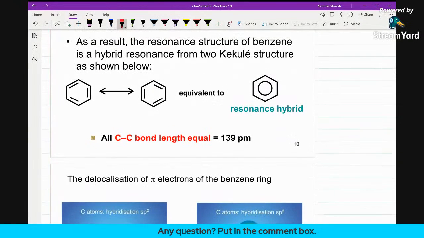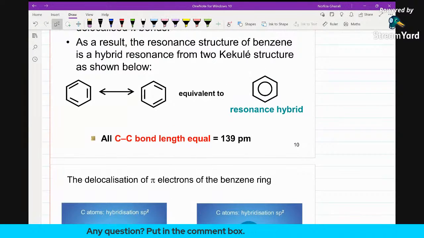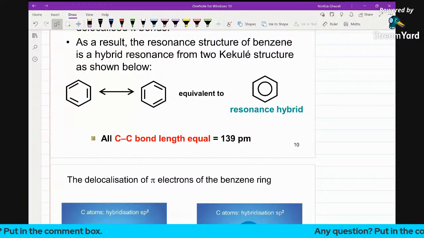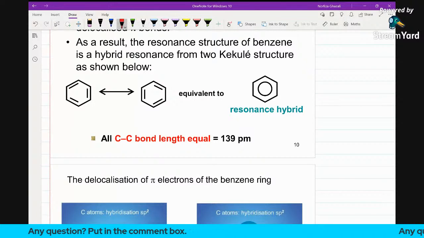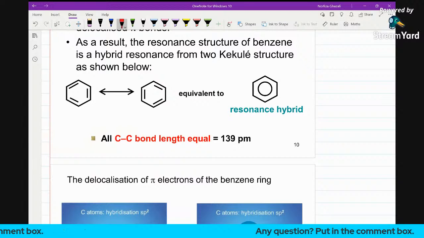And then the resonance. Instead of writing 3 double bonds, we just draw a circle in the ring. So this is the resonance hybrid of benzene.